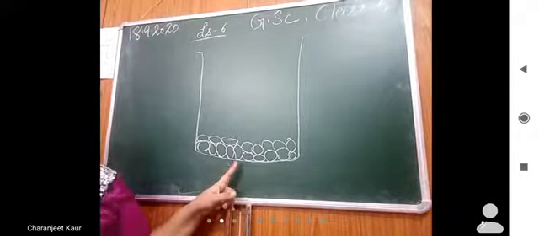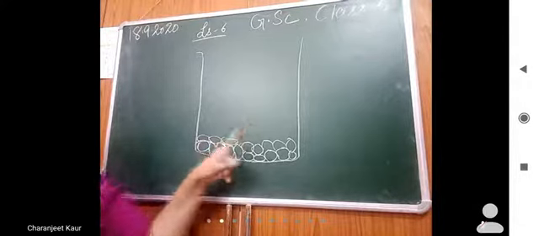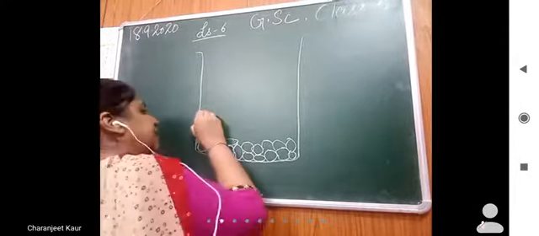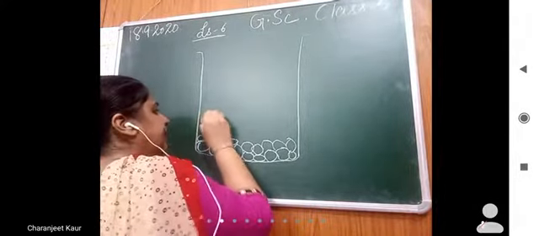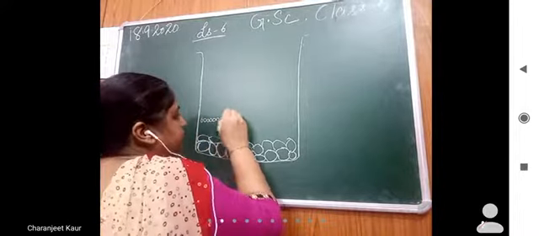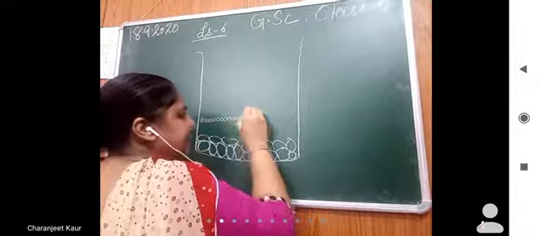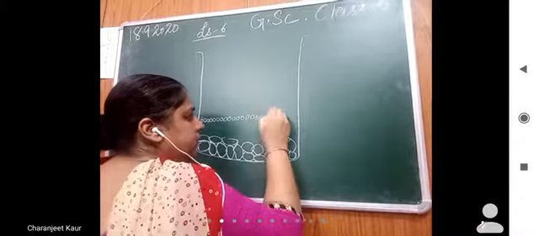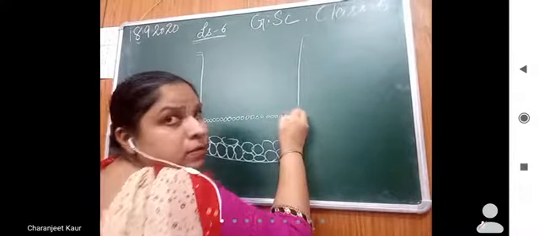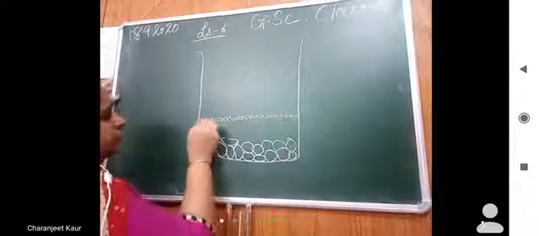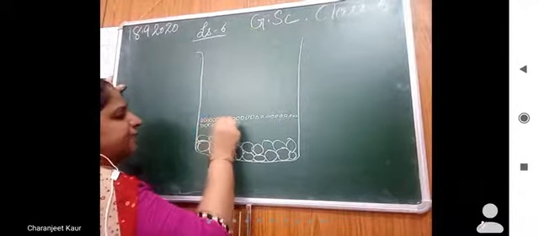Then above this there is a layer of sand. Sand is coarse. ठीक है, छोटे छोटे pieces होते हैं ये, like this. You have to make sand like this.